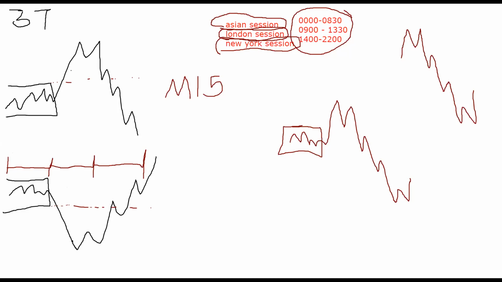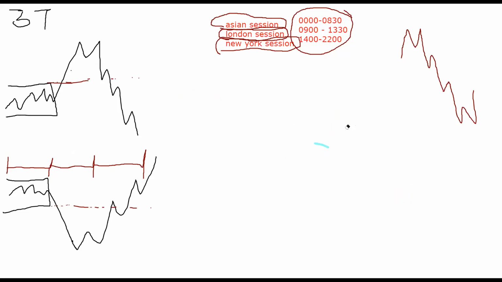That's exactly what we meant. So that's what we basically mean when we say that the dealer is moving away from the Asian box, breaking the low or breaking the high of the Asian box. That's what we call a type 1.